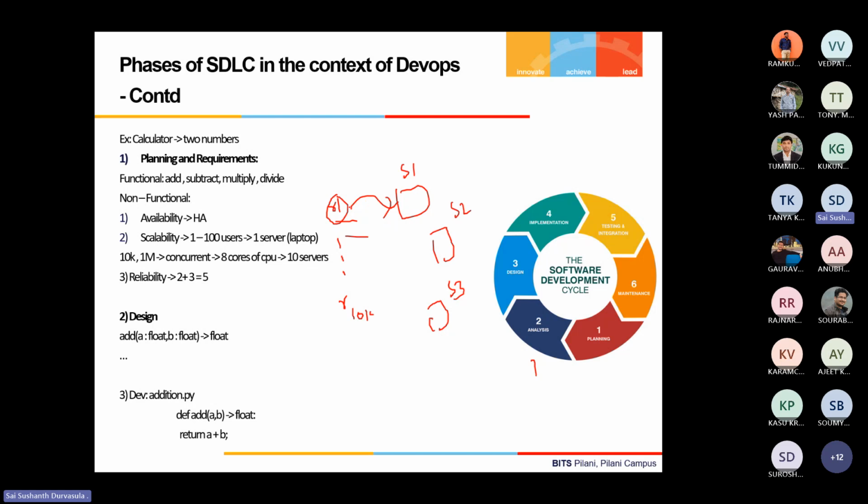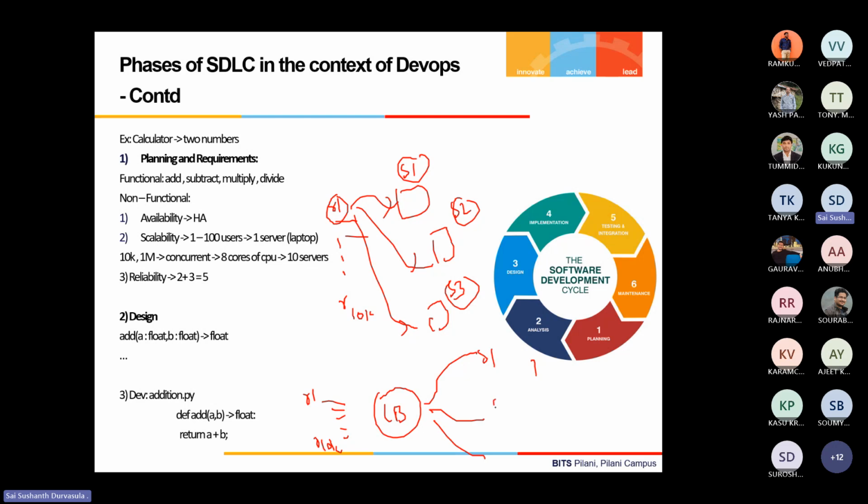You could route request one to server one or server two or server three. So you need to know which requests go to server one, which go to server two, and which go to server three. That is where the load balancer comes in. Each of these requests from the user is routed to the load balancer, and then the load balancer routes them accordingly to servers 1, 2, and 3.